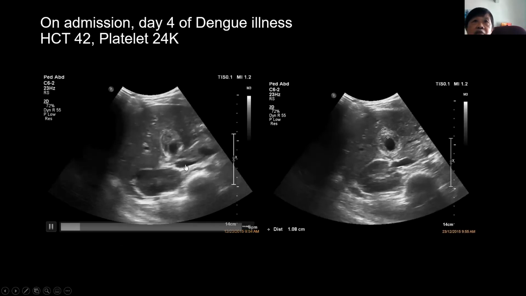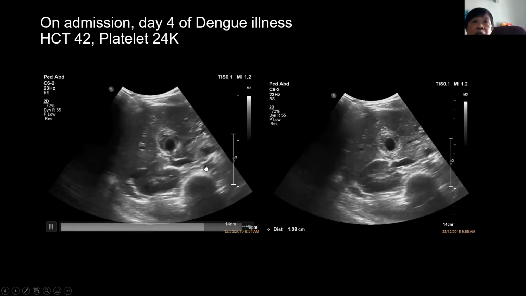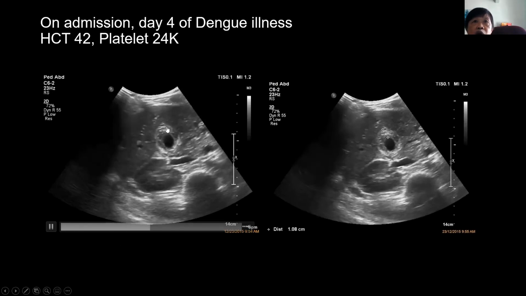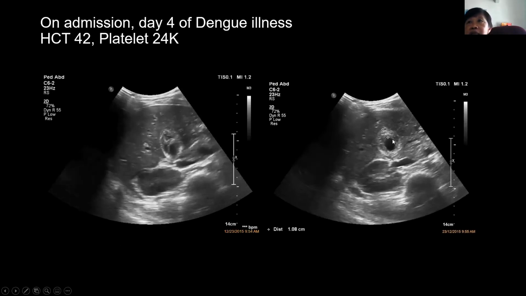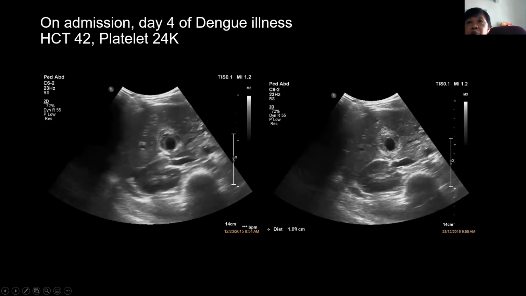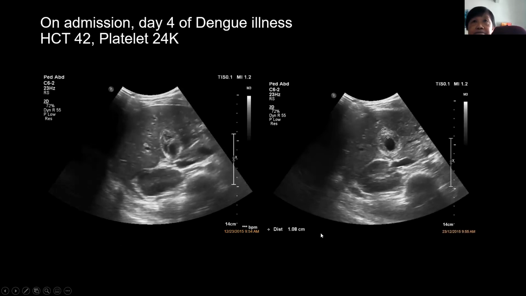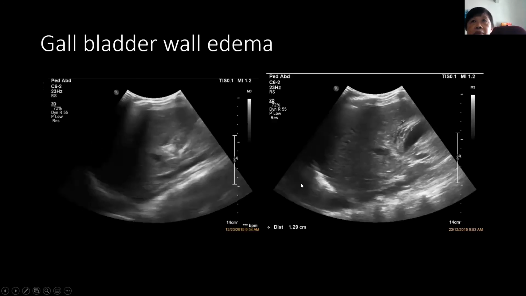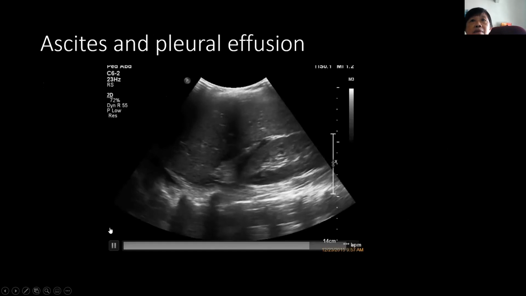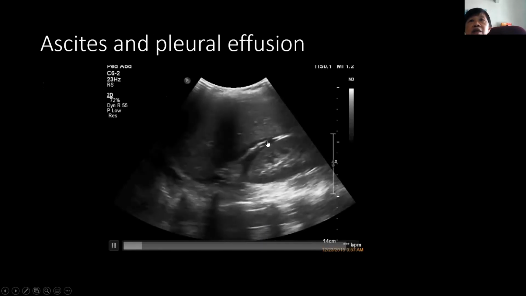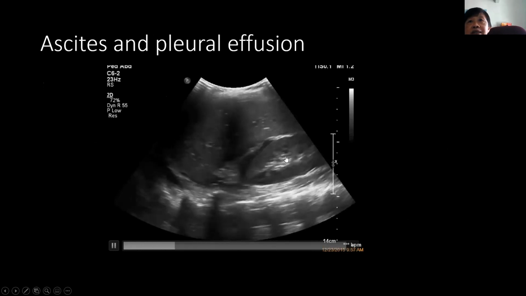When you did the ultrasound of the abdomen, we found that this is the gallbladder and the wall looked thickened. It is about 1.08 centimeters, normally should be about 0.5. You can see this is the liver, this is the kidney, and this is the fluid between the liver and the kidney, which is called Morrison's pouch, right?